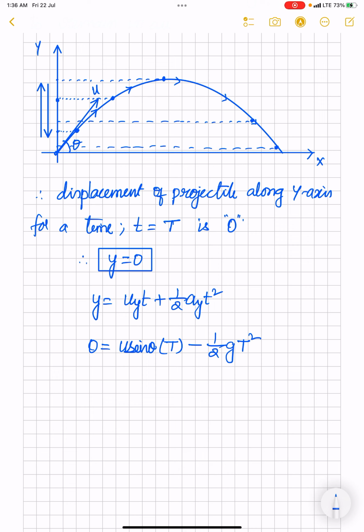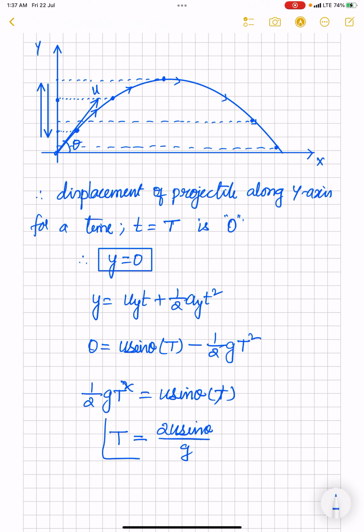Directly you will get half g t squared equals u sine theta into t. One t can be cancelled, sending the 2 and g to that side, you will get the total time of flight as 2u sine theta by g. So this is the total time for which the projectile remains in the air.